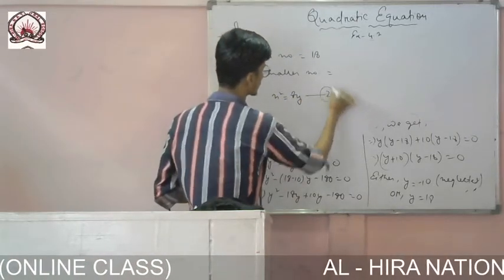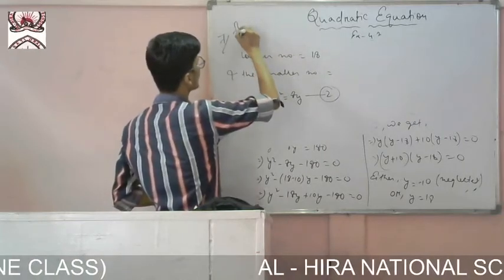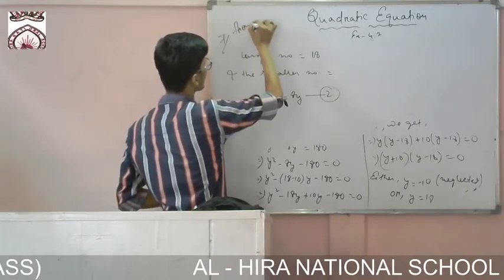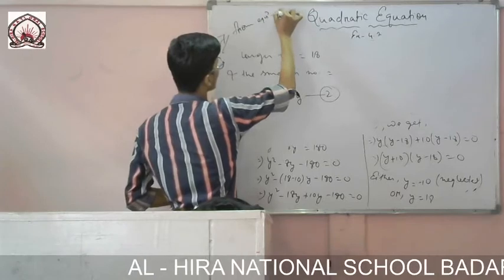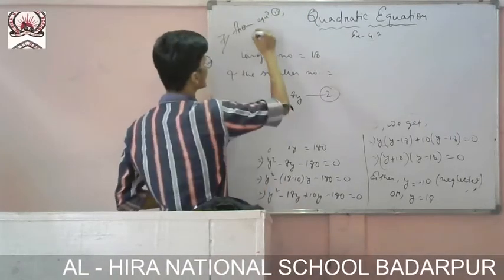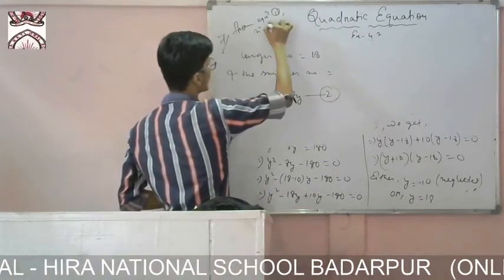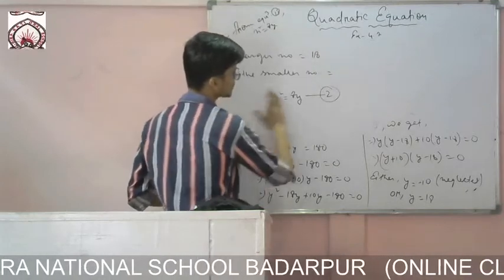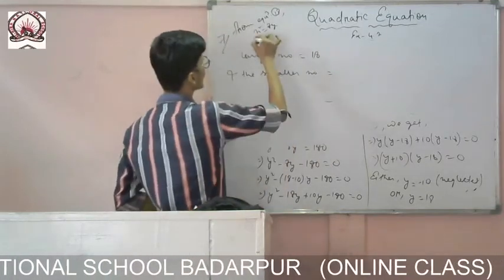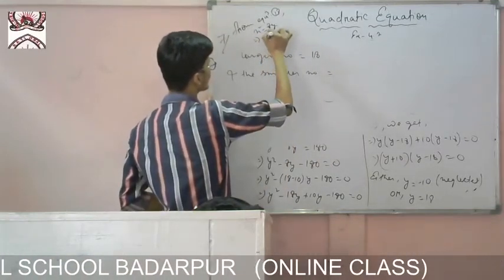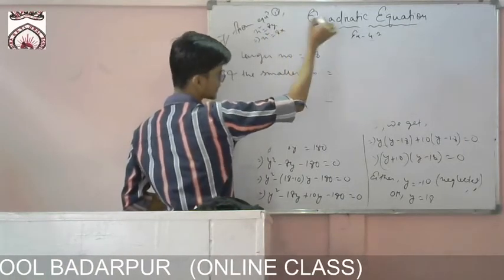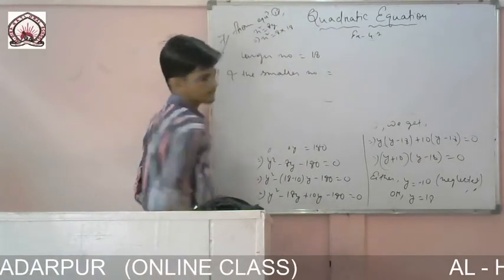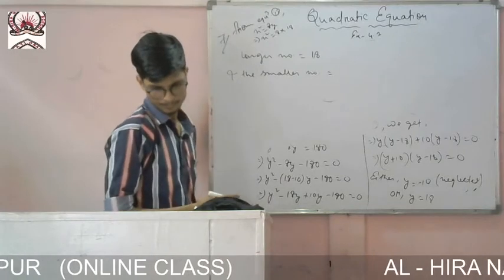This one you give as equation 2. So from equation 2 you write, x square is equal to 8y. So x square will be equal to 8 into y, y is 18.